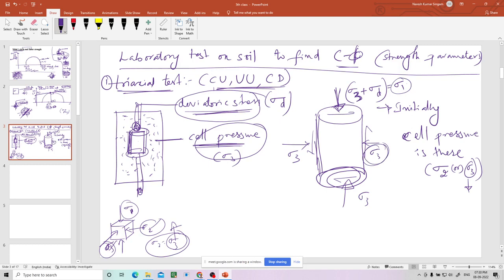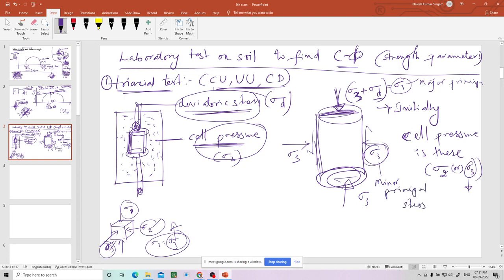Why? This is more because additionally we are applying sigma d. That is the reason why this is called major principal stress, and the plane on which it is acting is called the major principal plane. And this is called minor principal stress.